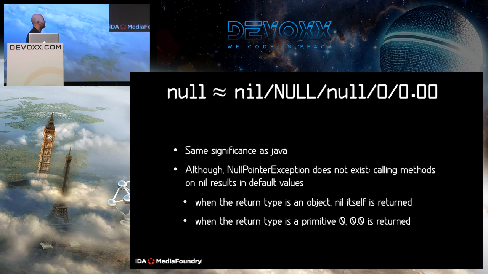A small thing about the nil value. In Java, if you call something on something that's null, you will get a null pointer exception, right? Well, that doesn't exist in Objective-C. Objective-C just returns a default. So if you call a method that returns an object, and you call it on an object that is nil itself, nil is returned as well.